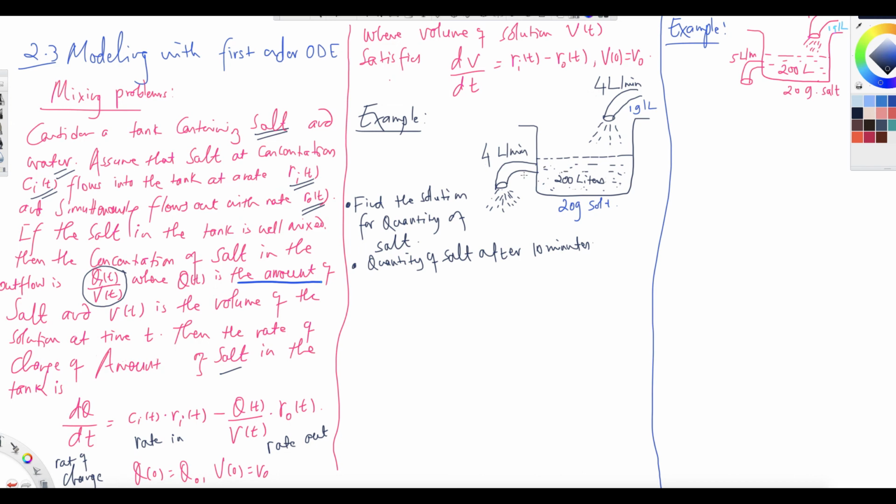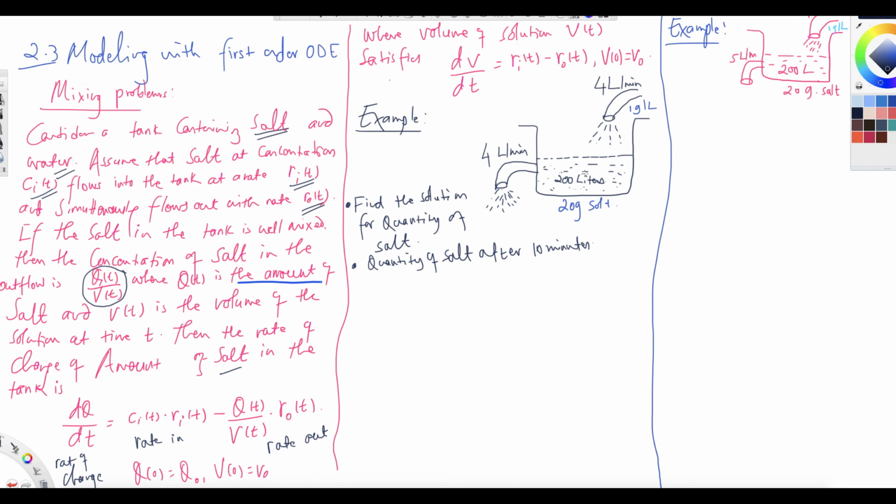So the first example: suppose there is a salt and water solution in a tank. The total solution in the tank is 200 liters, in which 20 grams of salt is mixed.